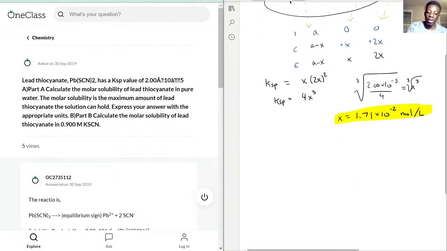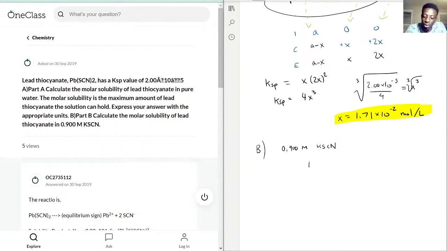Now, they're asking us what happens if it's not pure water. What happens if we actually have 0.900 moles per liter of KSCN? Now, fun fact, most things, in fact, if not all, when it's a solid that's with potassium, and especially in these questions where they don't mention that it has a K value, you can just assume they dissociate completely.